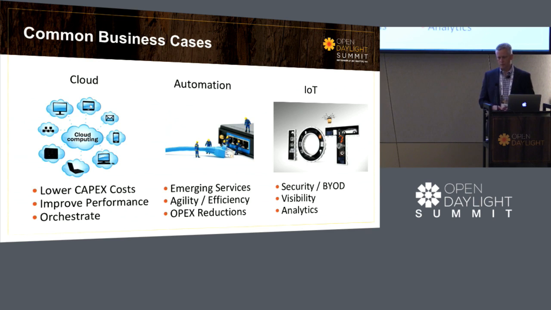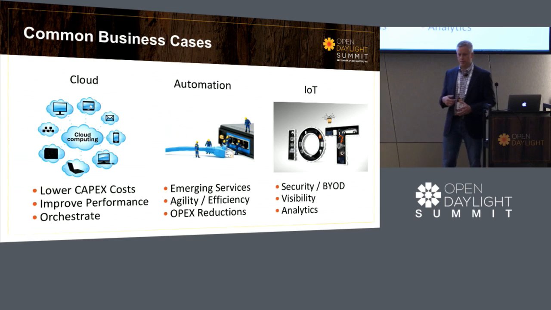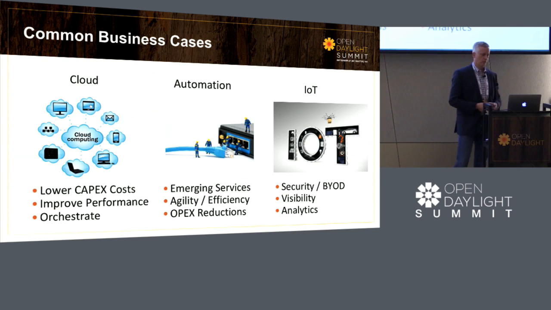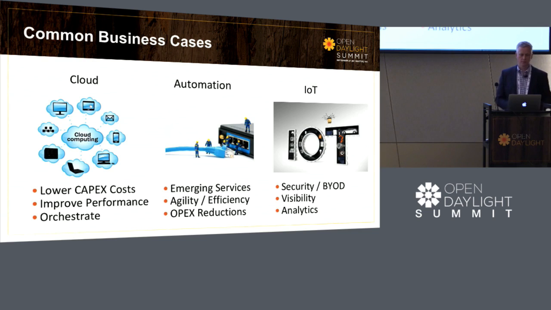Automation is a big one that doesn't necessarily have to be tied to cloud, but it could be. There is a significant amount of emerging services, but it's mostly about agility and elasticity and being able to do things in a self-service way, either from an end user perspective or a network DevOps team perspective. And that results in OpEx reductions.